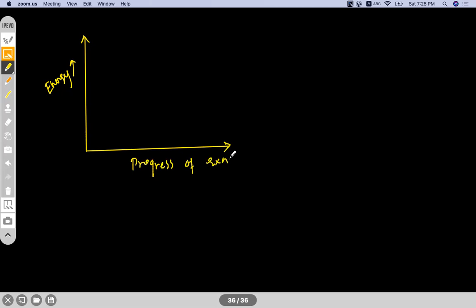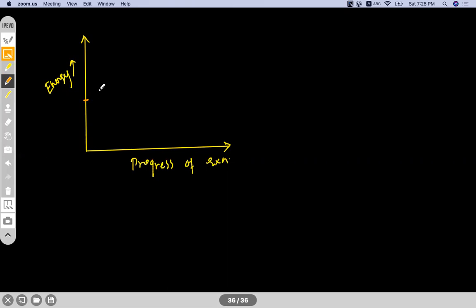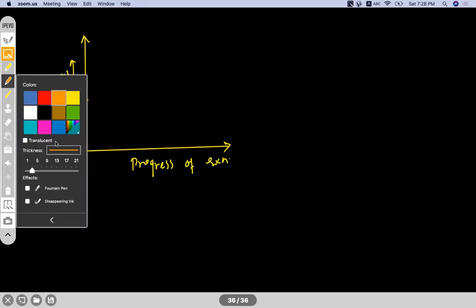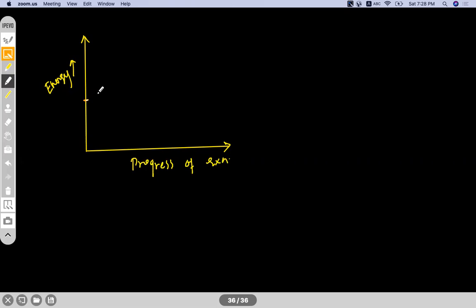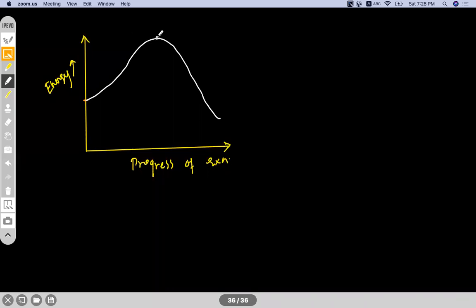So the graph would be like this. We have the reactant, and with the reactant, the molecule collides, energy increases, and then it comes down. Right? So you see, this peak that we have here is the activated complex.